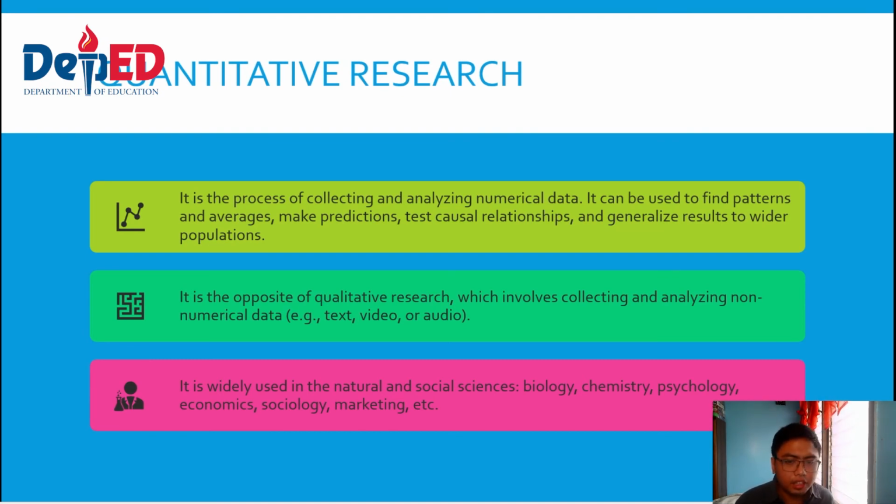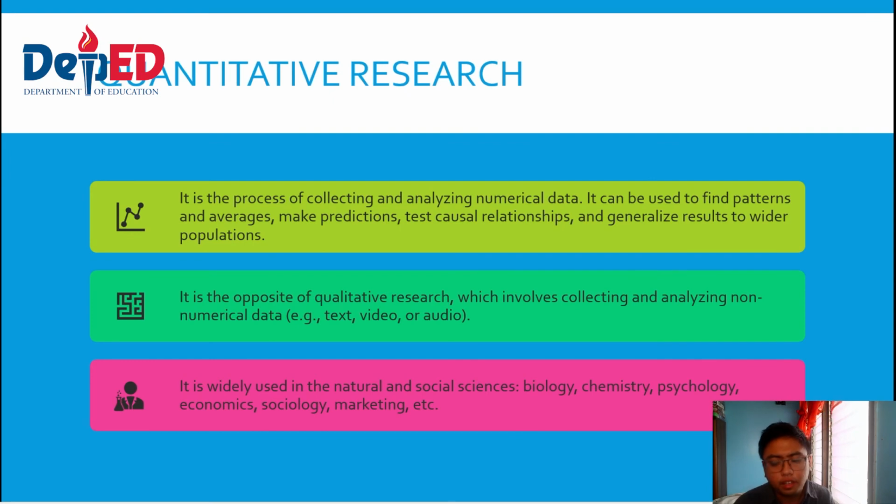The more data that we have on a bigger population or sample populations that we have, the better the generalization that we could get. We can predict what will happen, and we can see the relationships between each variable. It is the opposite of qualitative research, which involves collecting and analyzing non-numerical data, non-numerical data in terms of observation.